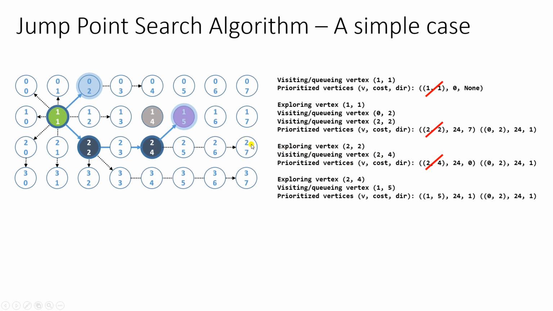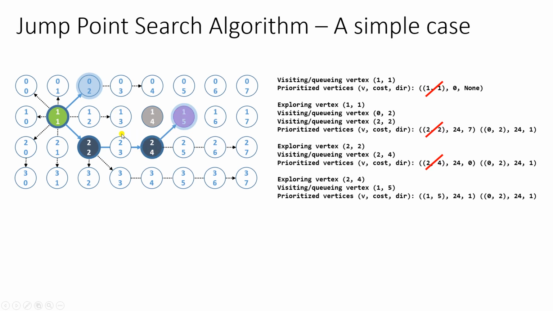We stopped at the vertex 2, 7 because it represents an element of the edge of our grid map, so there's nothing interesting here. And there is one more thing interesting to note. We have actually added one additional vertex because we have a forced neighbor of 2, 4, and that's vertex 1, 5.